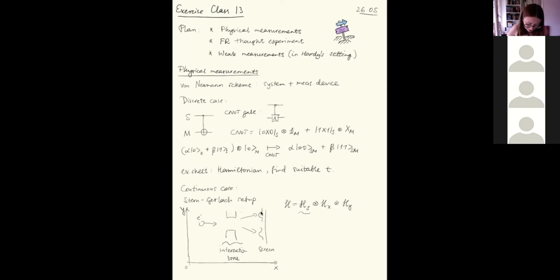And this can be described by an interaction Hamiltonian, which couples these two degrees of freedom. So it couples, in our case, the degrees of freedom corresponding to spin and to the movement, to the position in the y direction.